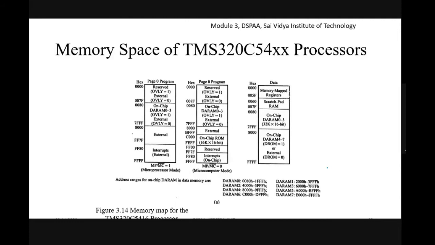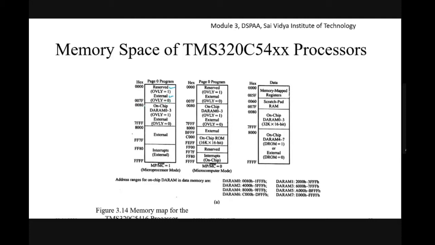We will show in this diagram how the memory space is divided. In this figure, the addresses are in hexadecimal representation. Addresses 0000 to 007F are reserved if the overlay bit is equal to 1, and external if the overlay bit is equal to 0.